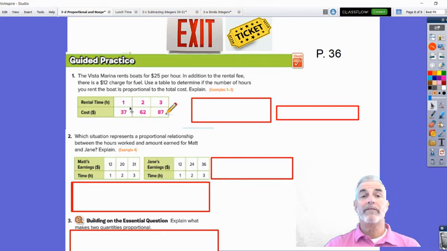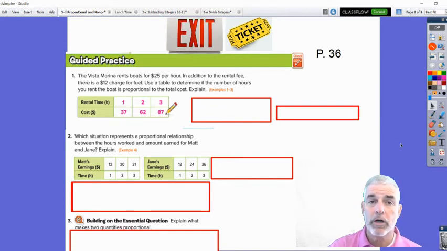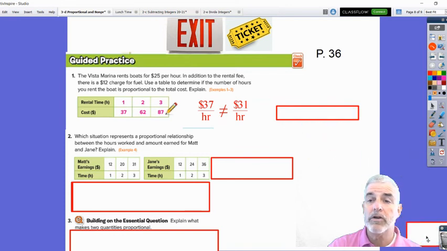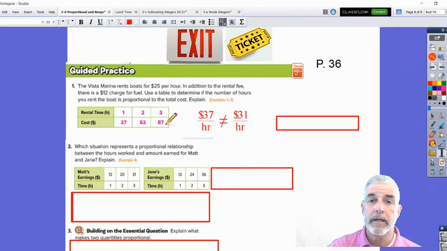So now we have that. Is this proportional? Cost divided by hours is what we're going to look at. 37 divided by 1 equals 37. But 62 divided by 2 is 31. That's where this comes from. I probably should have written that in there.